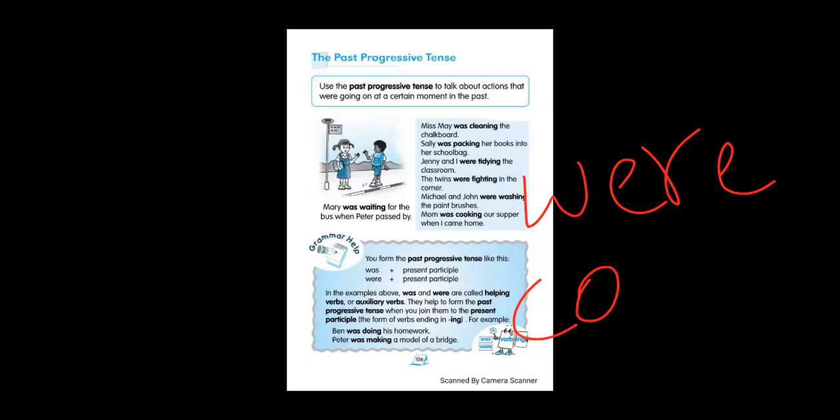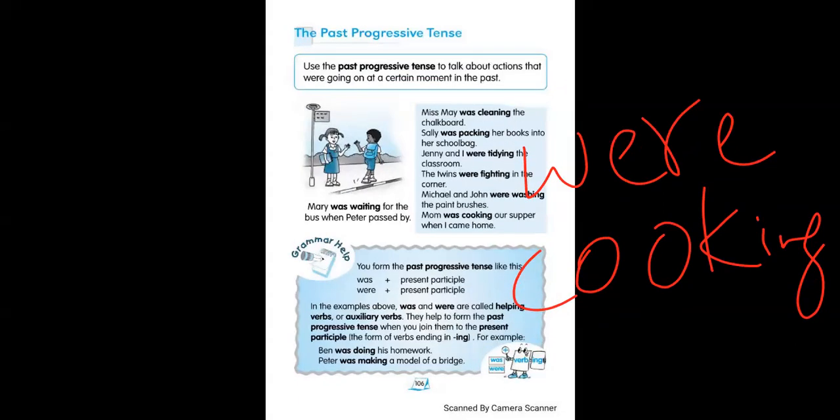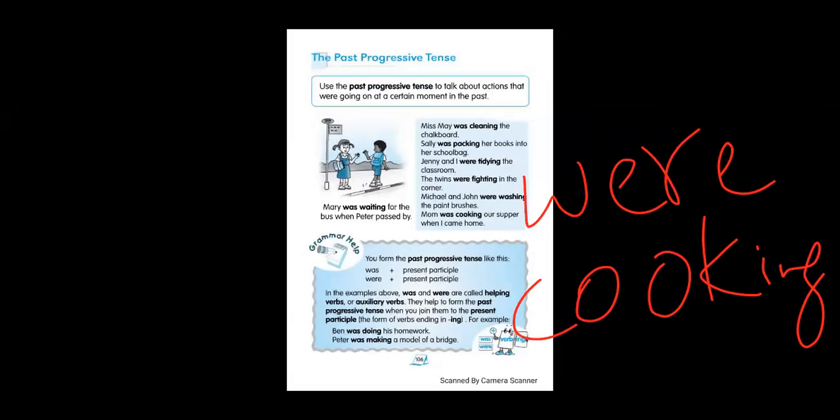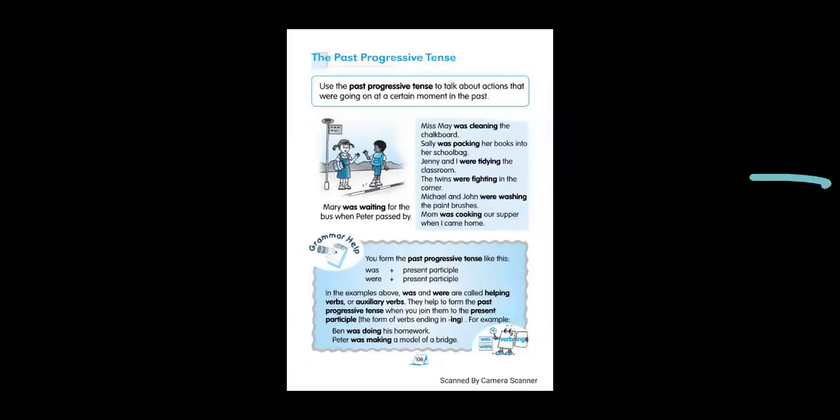Your voice is not clear. We can give this example. So, were cooking. With plurals we use were.